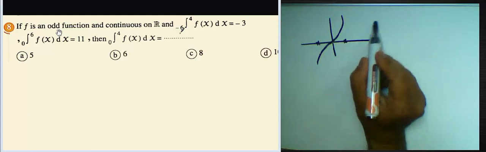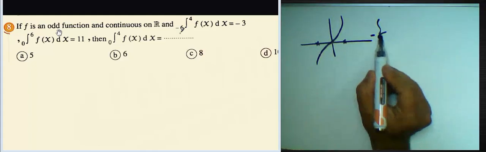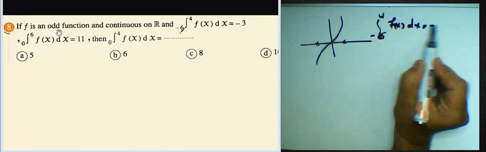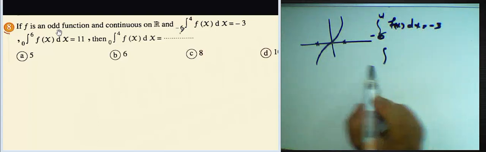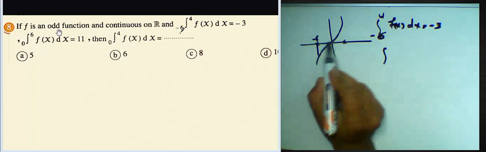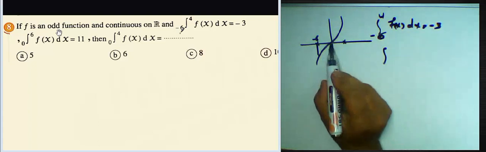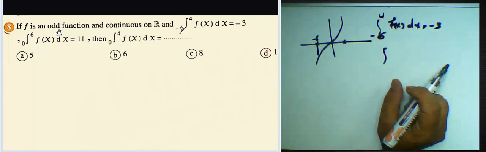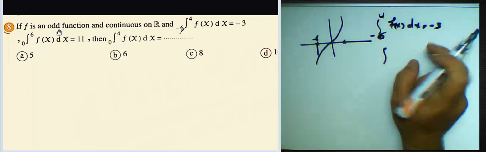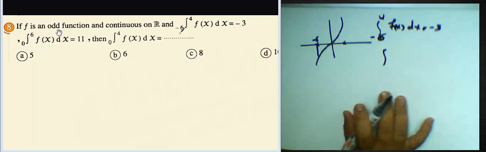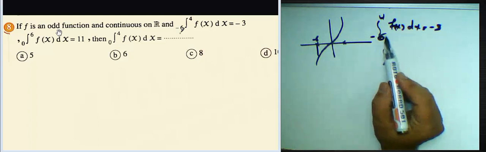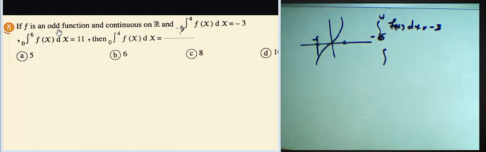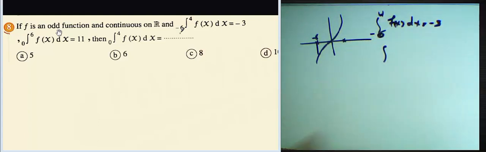Then we have the integral from -6 to 4 of f of x dx equal to -3. If you invert the limits, not equality, the sign is inverted, so the integration will be +3 here.